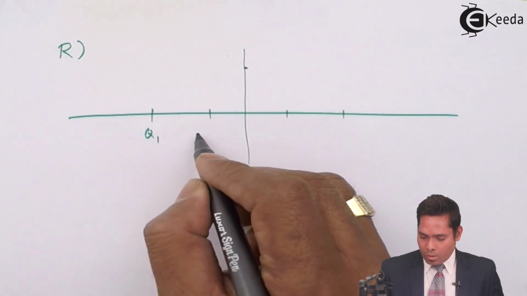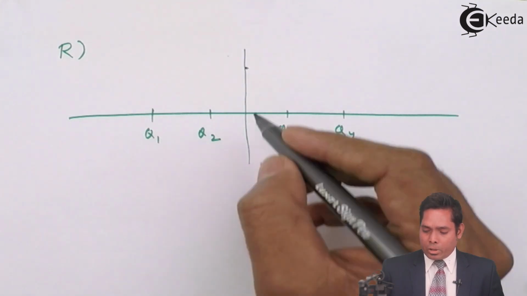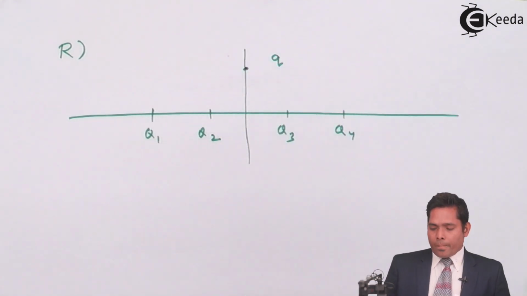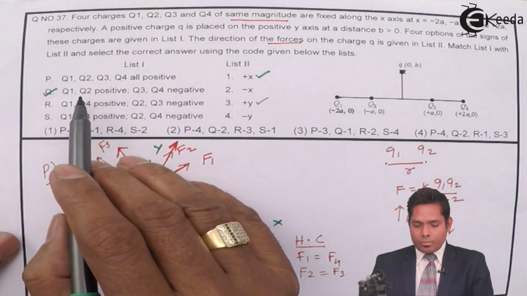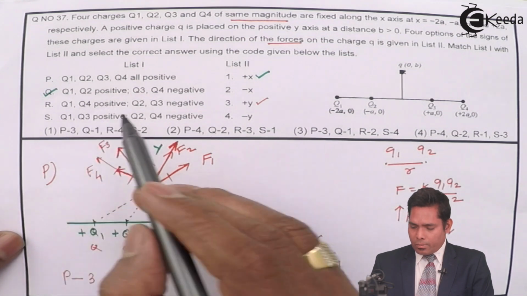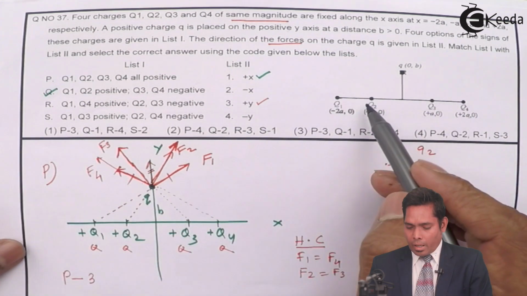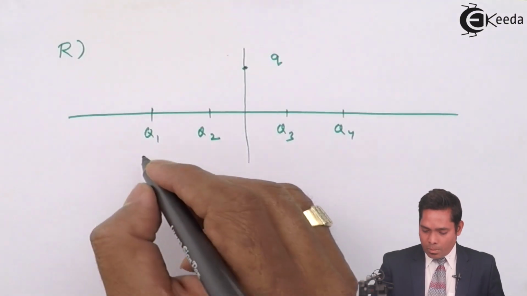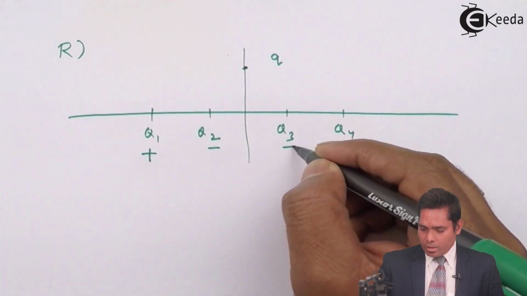These are Q1, Q2, Q3, Q4, all having the same magnitude Q. Here, Q1 and Q4 are positive, and Q2 and Q3 are negative.